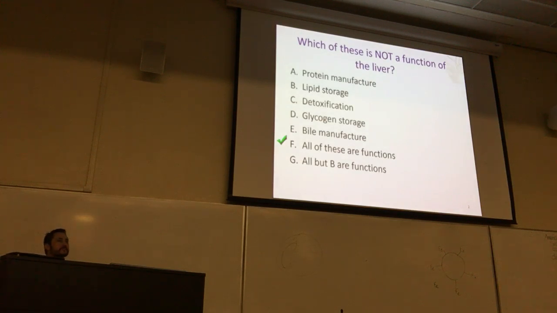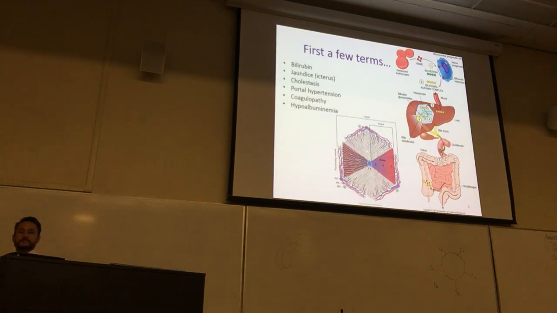So the liver is an extremely versatile organ. Very, very important, right? If we look at liver physiology and liver anatomy, we can appreciate how it's organized. We've got the three different zones.